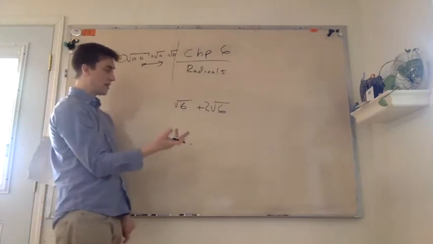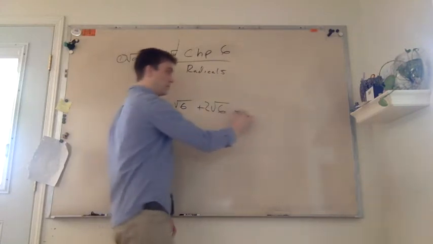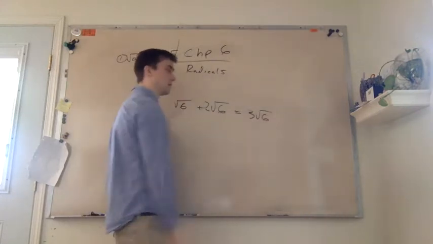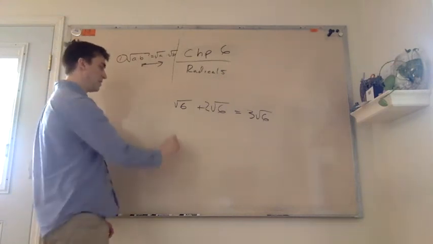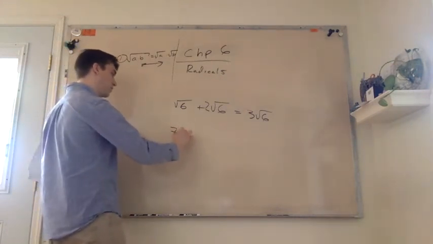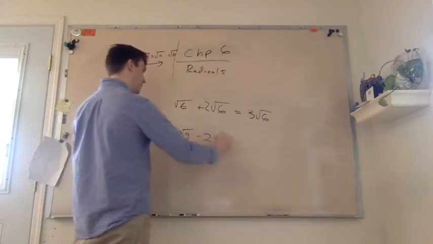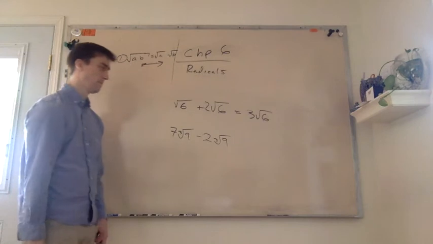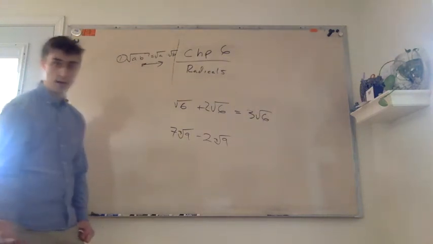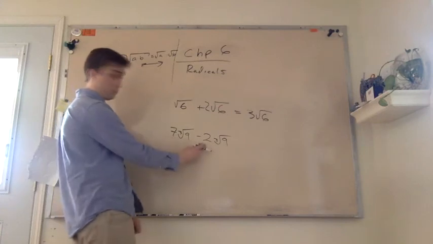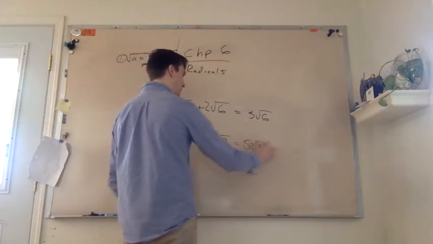Here's how I think about it: you've got 1 of these plus 2 more of these, so you've got 3 of these. How about 7 cube root of 9 minus 2 cube root of 9? This is 7 minus 2 cube root of 9, so it's 5 cube root of 9.